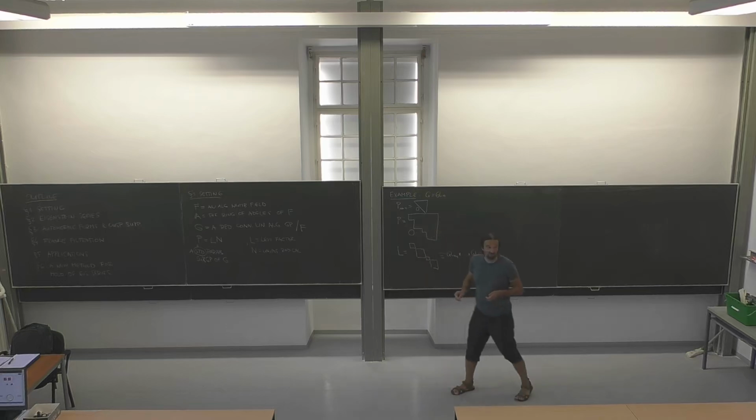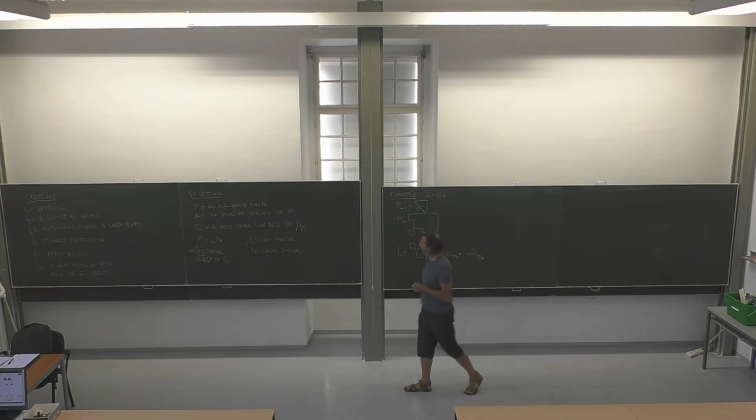I will not even write the unipotent radical. It is just identities along the diagonal, and then identity matrices, and then something above the diagonal.